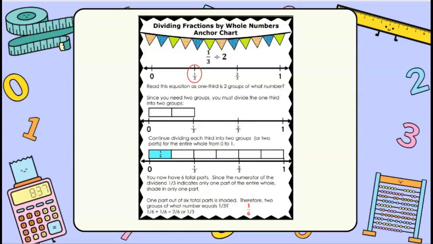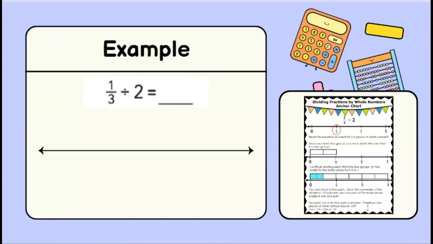So let's go ahead and take a look at what that would look like here. I am going to create my number line with a 0 at the beginning and a 1 at the end.